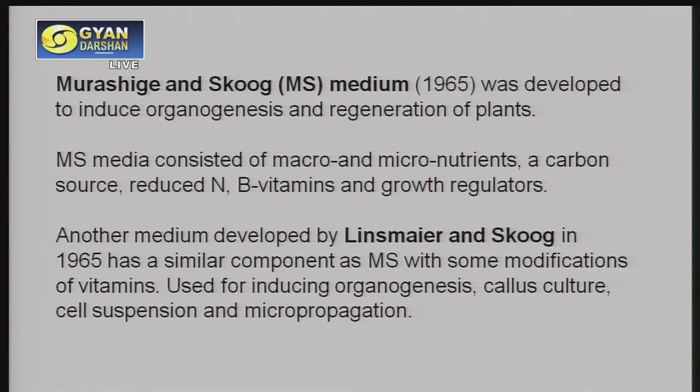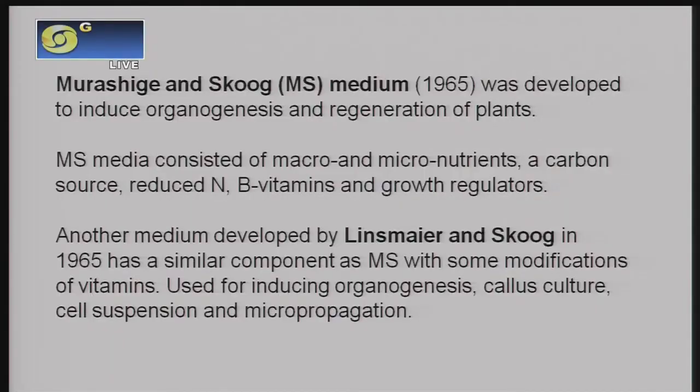Organogenesis, I am coming to it. Organogenesis means developing of the root and shoot, because when you grow a plant, if you place a seed, what will happen? The radicle and the plumule emerge. The radicle develops into root and the plumule develops into shoot. So similarly, when you put any plant part, it will try to develop root and shoot, because then only it will become a full grown plant.